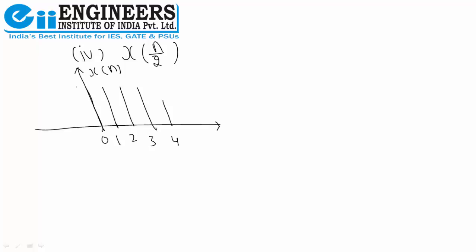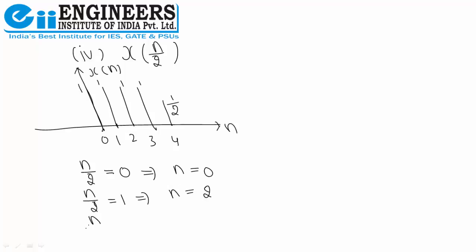Suppose I want to perform x[n/2]. Simply, n/2 equal to 0 means n is equal to 0, n/2 equal to 1 means n is equal to 2, n/2 equal to 2 means n is equal to 4, and like this.